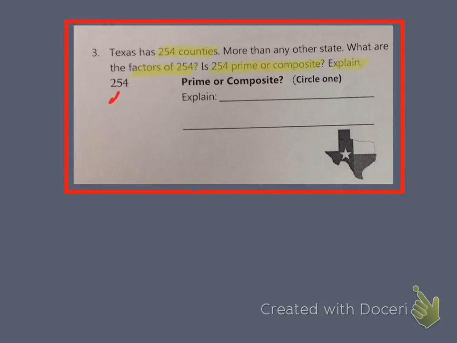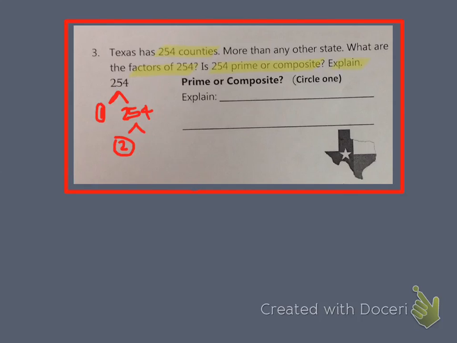What two numbers go into 254 evenly? Well, we know 1 and we know 254 because it's always 1 and itself. Then off of 254, because it's even, we know that 2 will always go into any even number. And so we could say 2. 2 is a prime number, so we want to circle it.